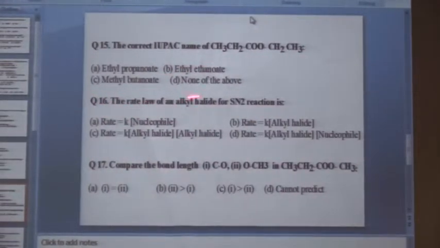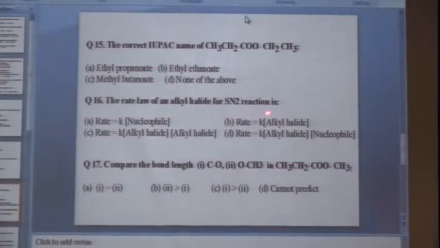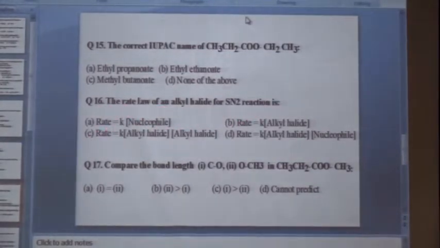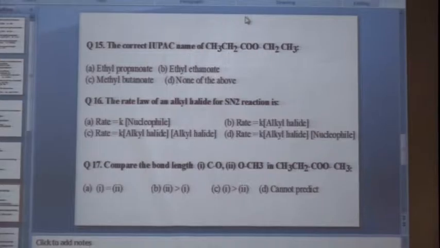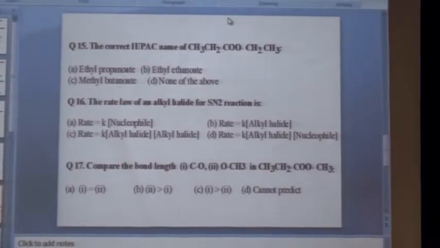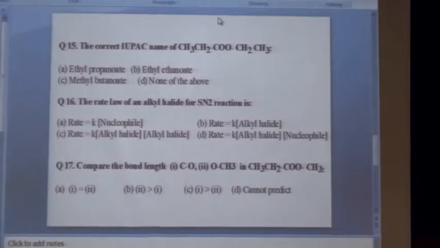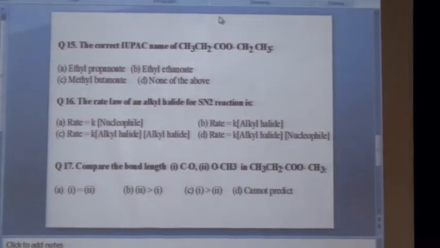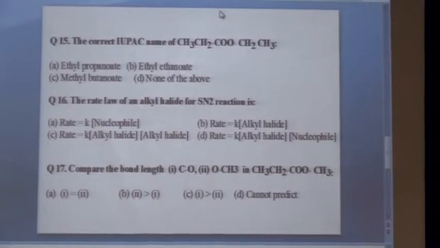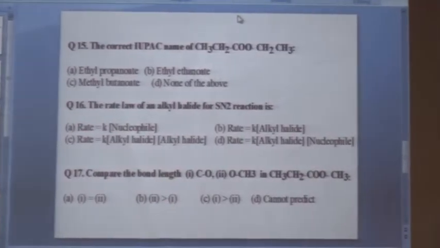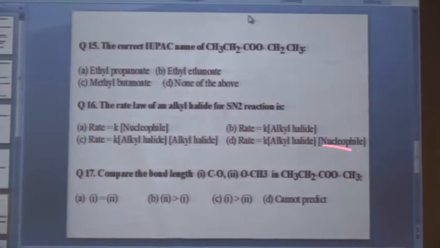Okay, the rate law of an alkyl halide for SN2 reaction is, what is it? For SN2. Yes? The answer has to come from your side. D. Somebody said D. Very good.